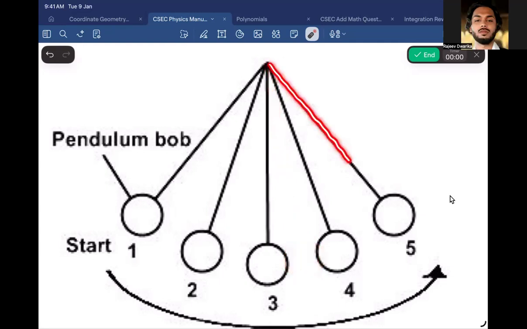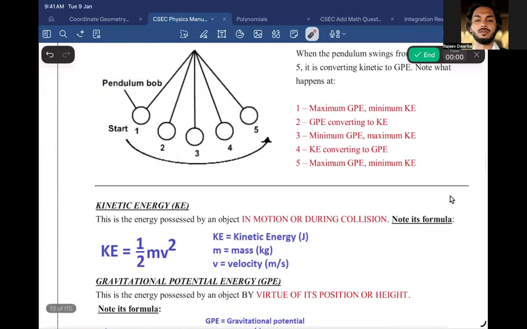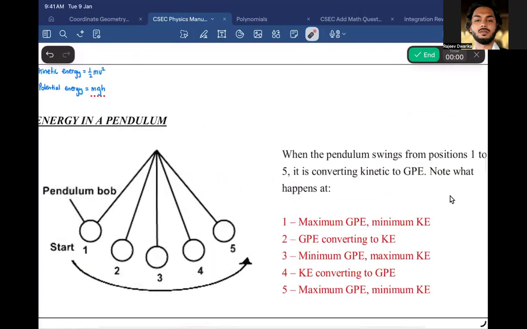And over here, you would have your maximum potential energy and the minimum kinetic energy. Nice. Great. I presume you've copied this already? Just now. Okay.